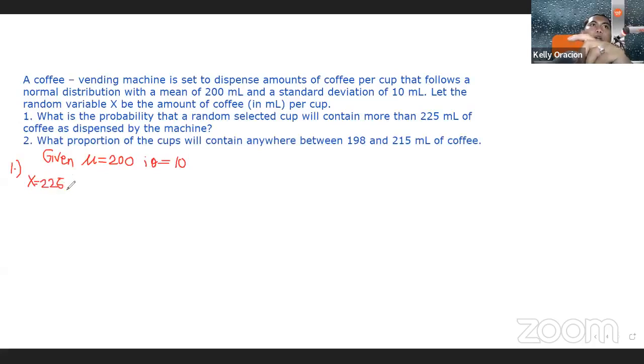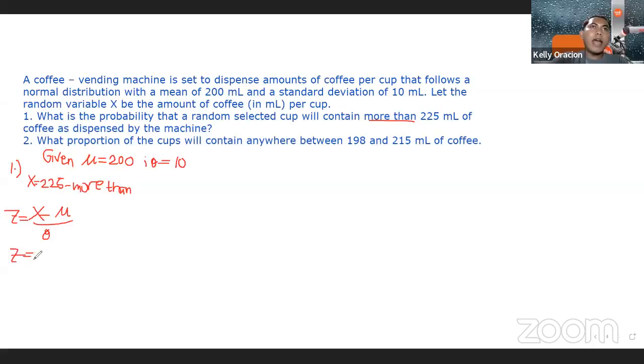What is the clue for first item? The words more than. Ibig sabihin greater than, above. So z-score is equal to x minus mean over standard deviation.